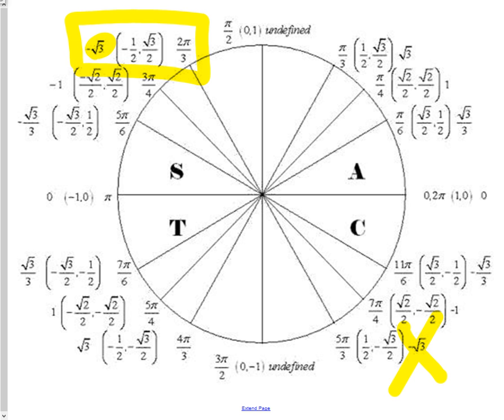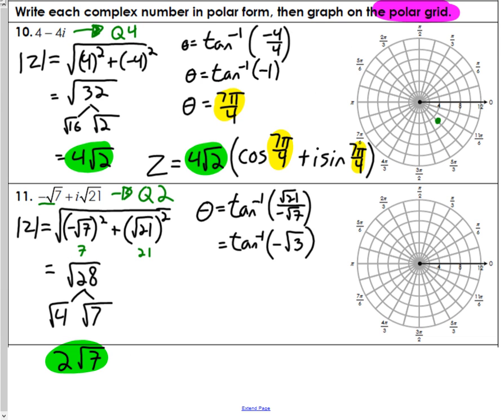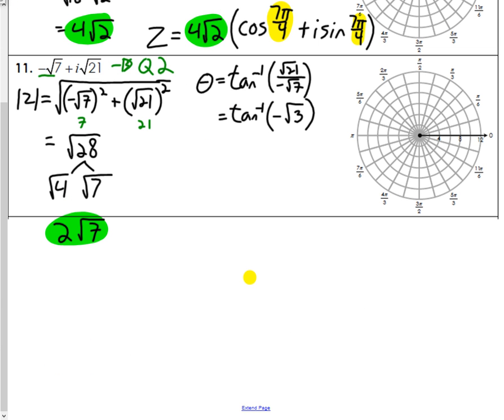We don't want to play around with that one. We want to make sure that we keep our modulus positive. So we want to take a look at the second quadrant angle, 2 pi over 3. And in keeping with the previous example, go ahead and let that be highlighted yellow.